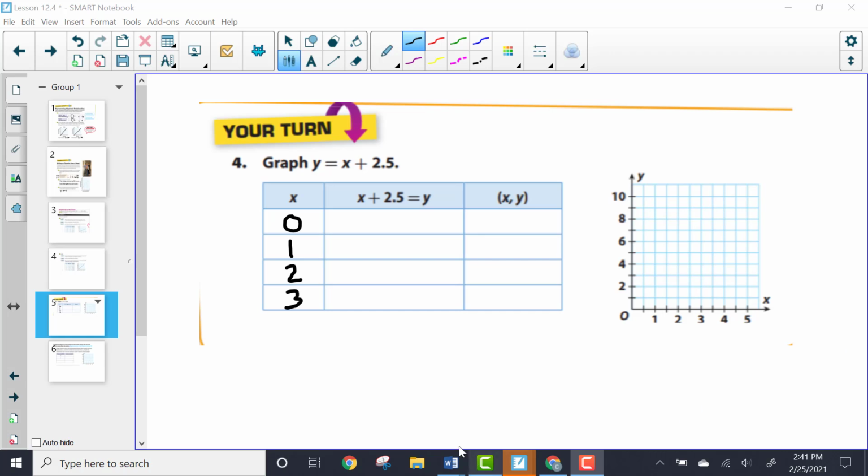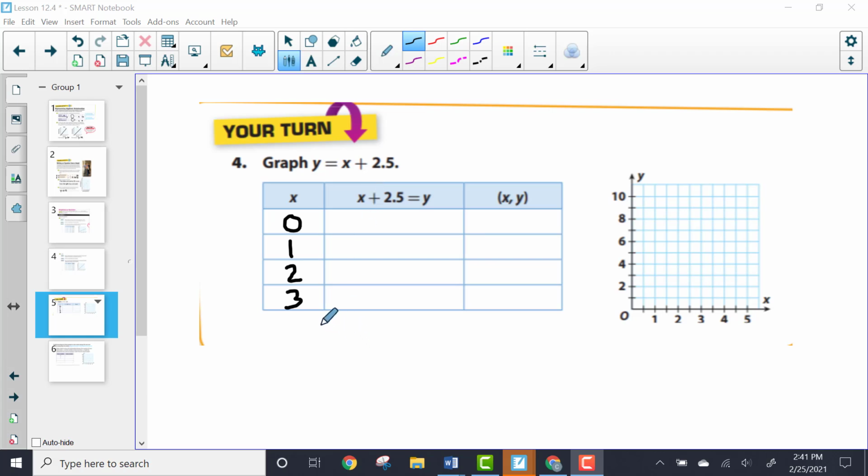Now I filled in 0, 1, 2, 3. So what we do is we have the equation x plus 2.5 equals y. Now that may seem very confusing. However, we have our x right here. Okay, so what we'll do, we're going to make an ordered pair from this.